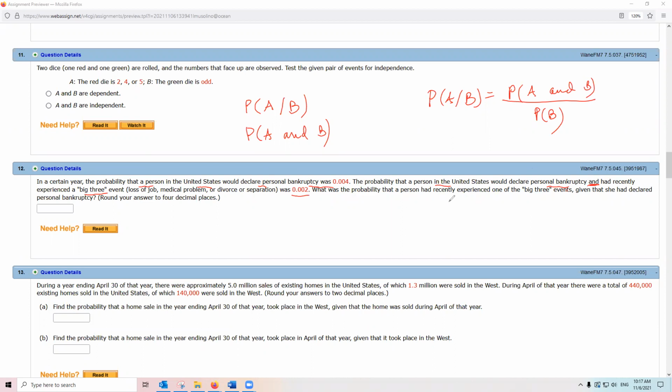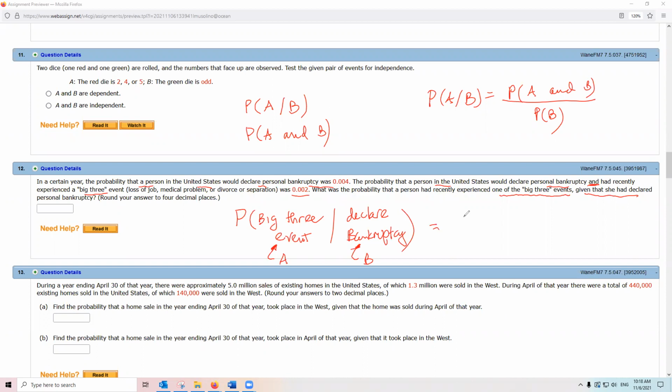So I'm noticing they want to know what's the probability that someone had a big 3 event given that they declared bankruptcy. Well, I could see that this is going to be event A, big 3 event, and this is going to be event B, declaring bankruptcy.